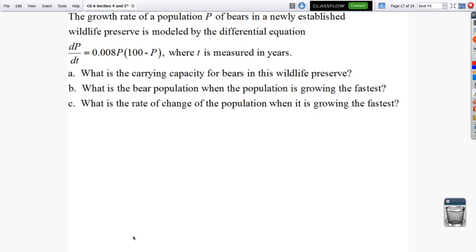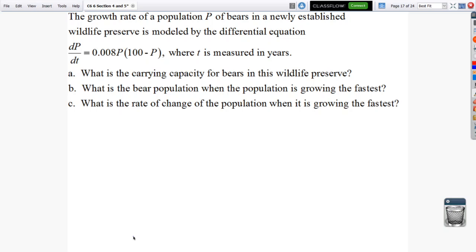The growth rate of a population P of bears in a newly established wildlife preserve is modeled by the differential equation dP/dt is equal to 0.008 P times the quantity of 100 minus P, where t is measured in years. The first question, what is the carrying capacity of bears in this wildlife preserve? You can do this one of two ways.